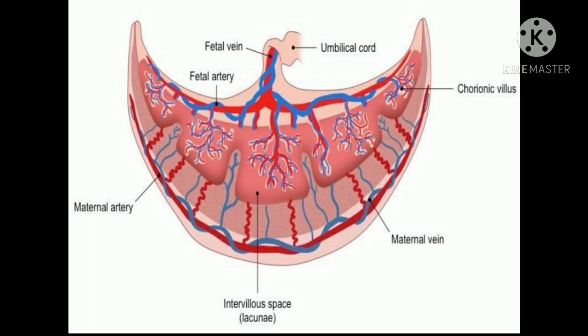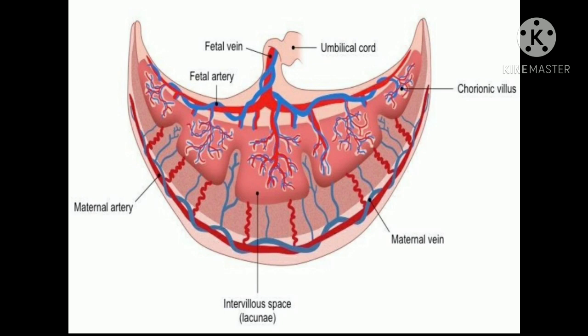These are the veins and arteries of the fetus, the baby. We now call it a fetus because fertilization has taken place and pregnancy has been achieved. Then you can also see the maternal artery.